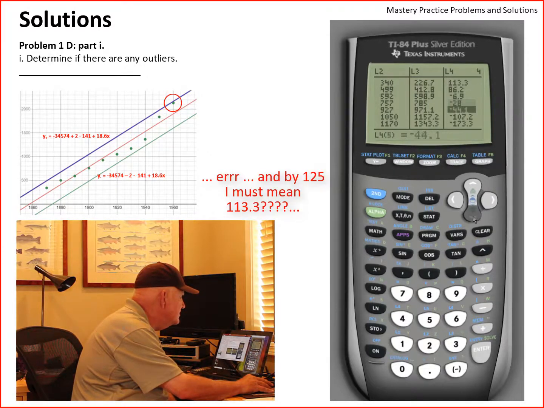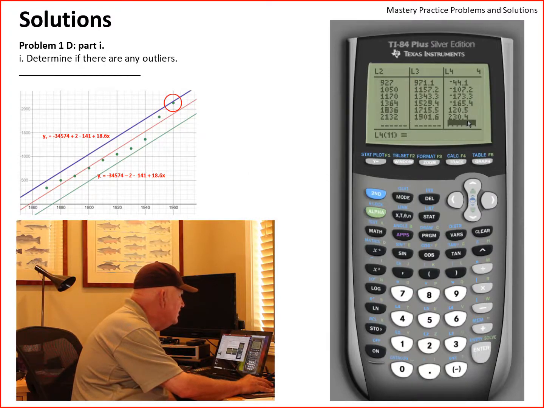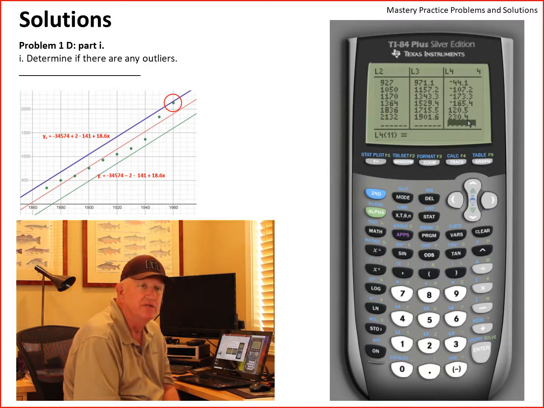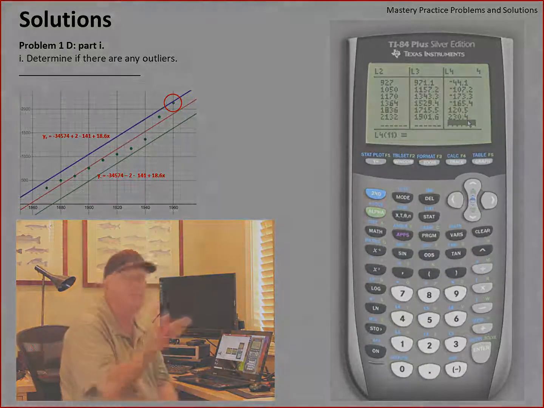I now see a 173. If I continue down, the biggest value should be indeed the last one. This was the point on the upper right. It's 230, but that's less than 282. And so there we've examined point by point the deviations. There's no outlier. All right, I hope that's a little helpful.